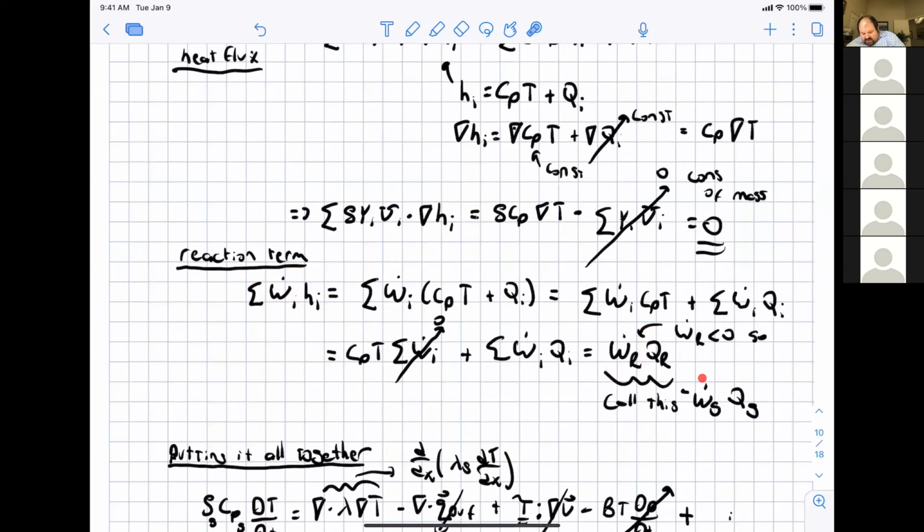Since the mass production rate of the reactants is always less than 0, I'm going to call this minus omega dot g, where omega dot g is a positive number. You could think of it as the mass production rate of the products times q dot g.